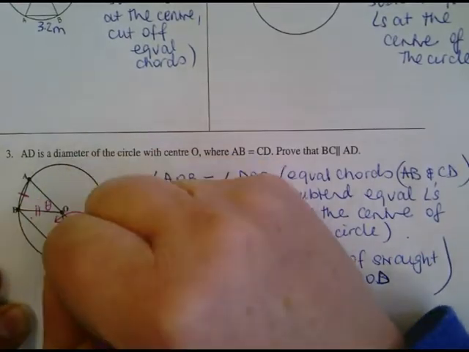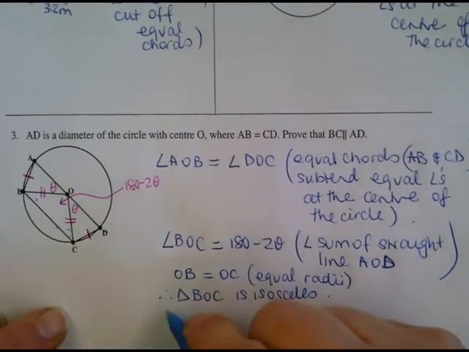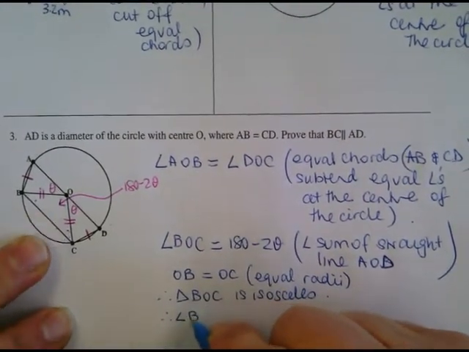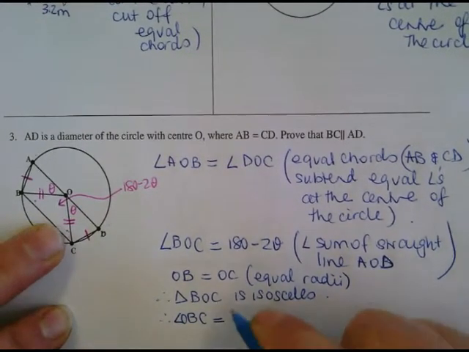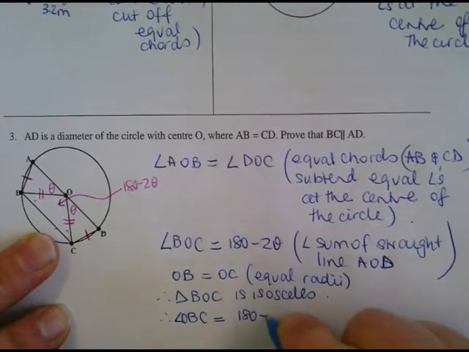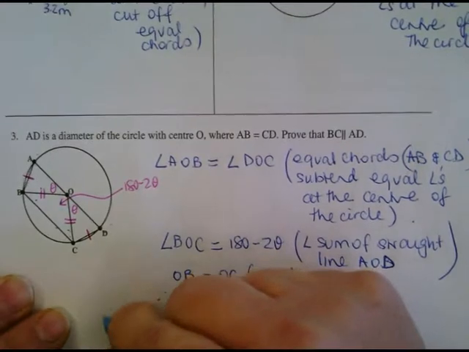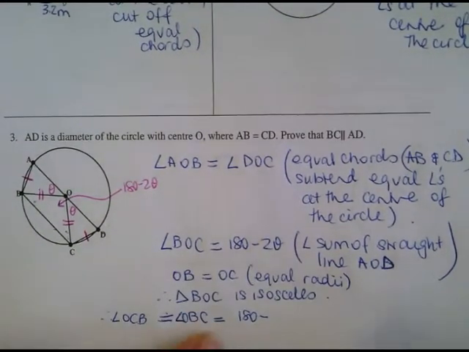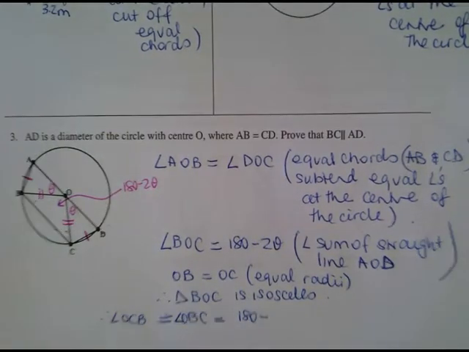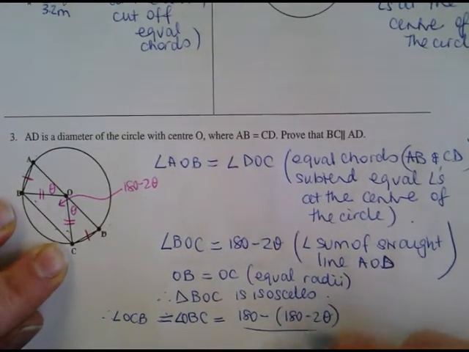Now I can work out the size of angle OBC. Angle OCB equals angle OBC. I'm trying to say that those base angles are equal. Equals 180 minus 2 theta over 2.